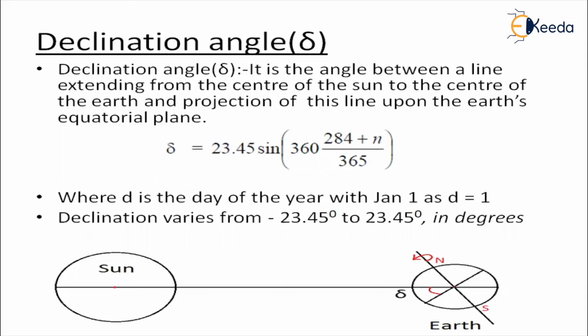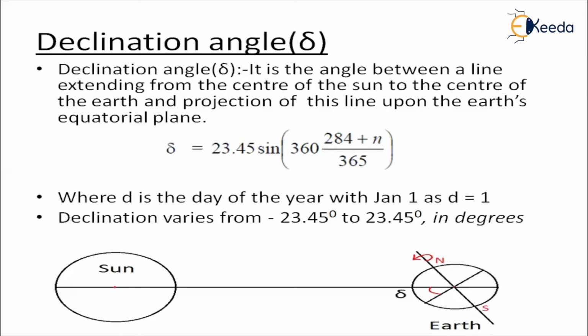Now, if the line between the center of the earth and the center of the sun is projected, how much it is inclined with respect to the equatorial plane, that angle is known as the declination.